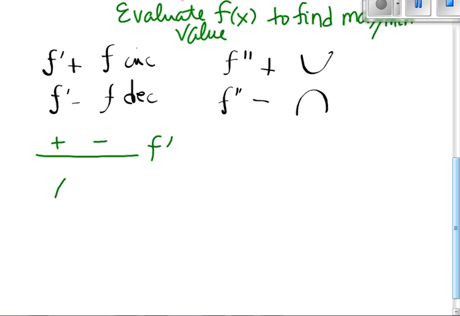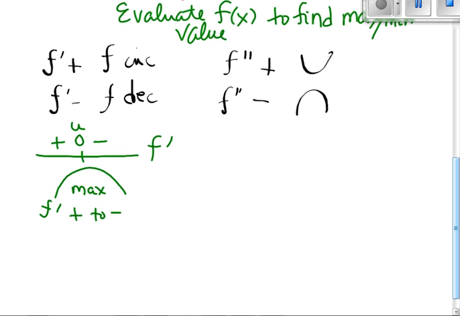My function would be increasing, and then decreasing, so this would be a max. Now, the only way to know if you have an absolute max or min is to look at the graph. So they're not going to put you in a situation where you can't find the absolute max or min. And that's what you say, f prime, positive to negative. This could be 0 or it could be undefined.